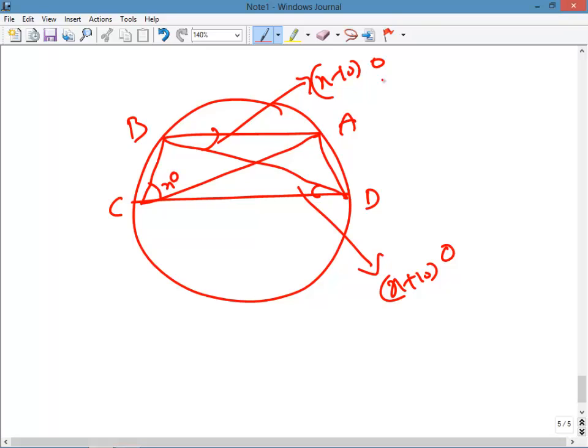Take BA as a segment, CB as a segment, CD as a segment, AD as a segment, then you can find it out.